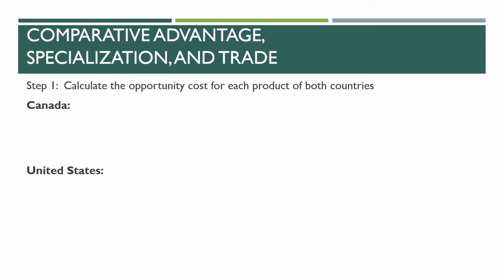And of course, if you are trying to practice with this video, I would strongly recommend you look at the table earlier and try to calculate the opportunity cost for Canada to produce 1 more unit of maple syrup and for Canada to produce 1 more unit of honey, or the same for the United States, so you can practice your math. Well, here I have the answer.